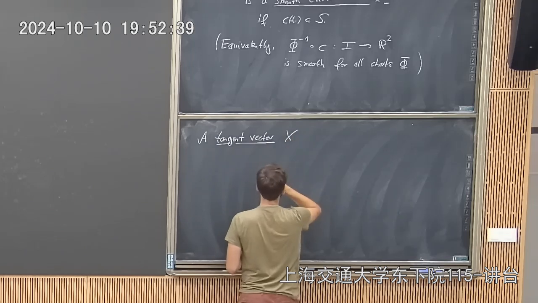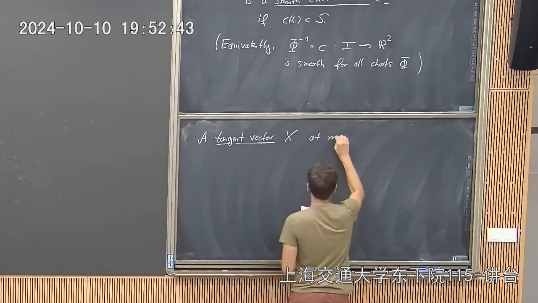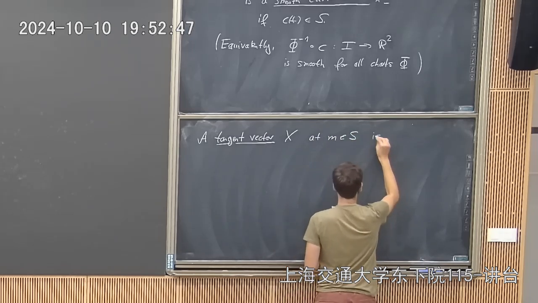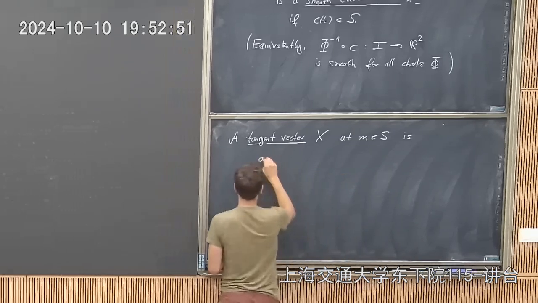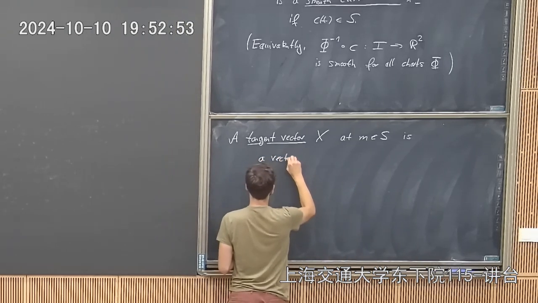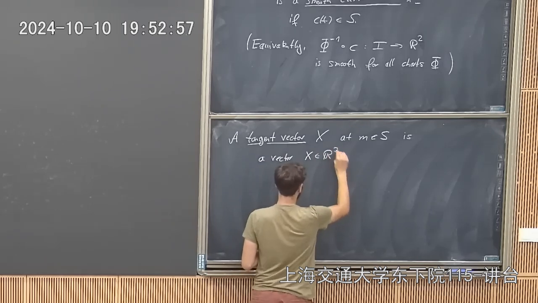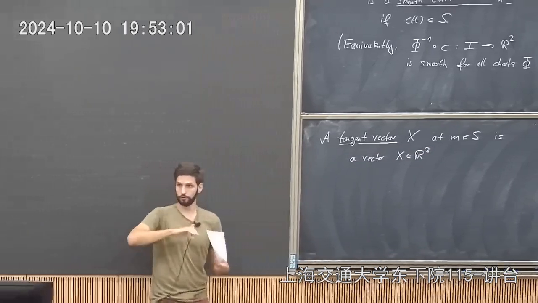Which is usually denoted by n, by x, at some point in S, is a vector in R3, but we would like to say that this vector is tangent to the surface.